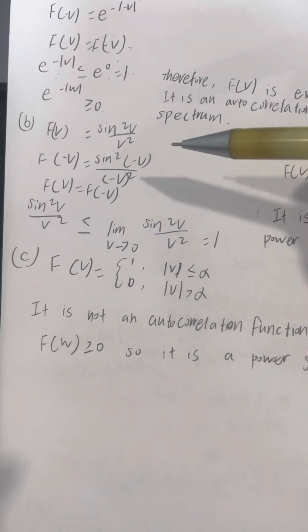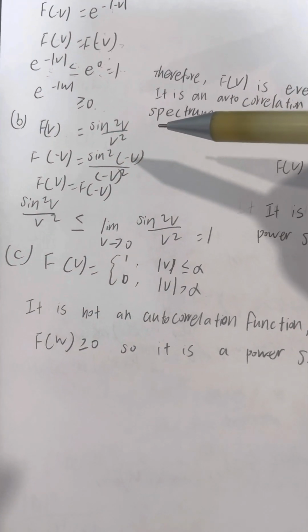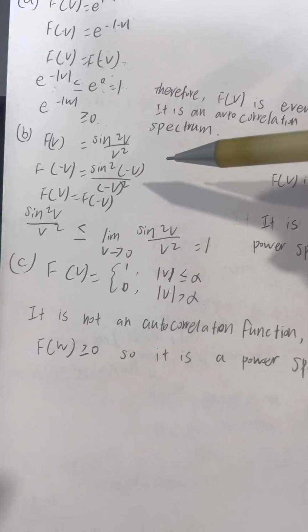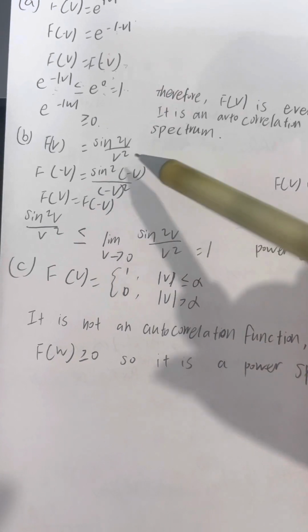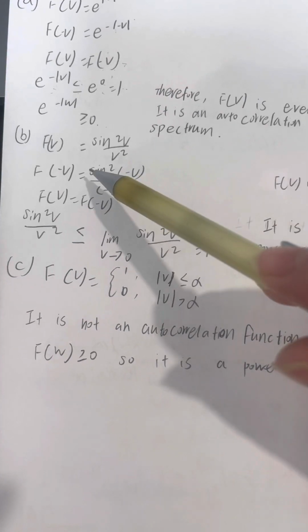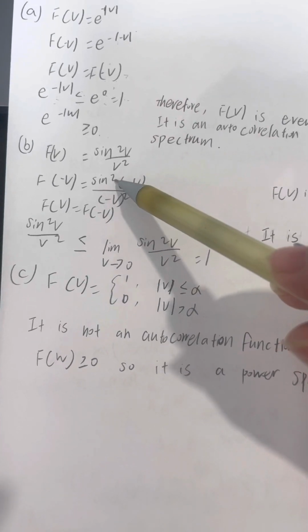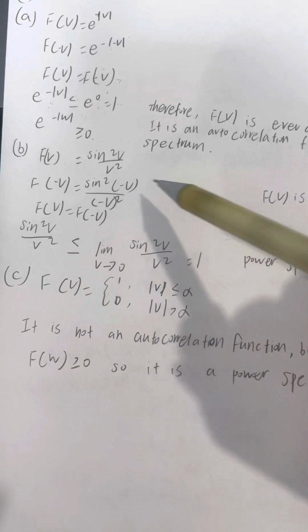Part B, f(v) is equal to sine squared v over v squared. So f(-v) should be equal to, we have to plug in negative v for the v, so it's sine squared negative v over negative v squared.